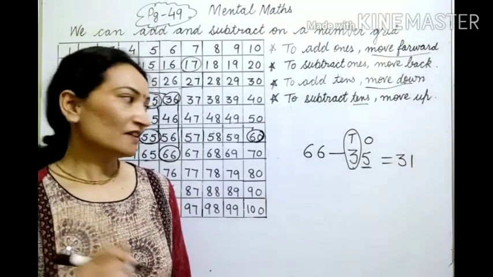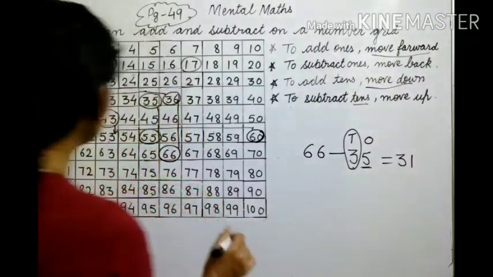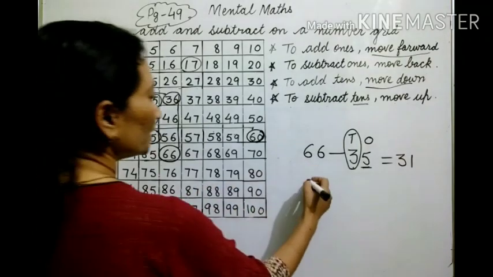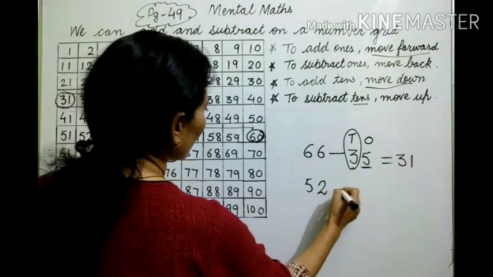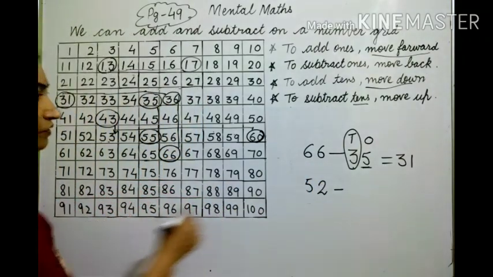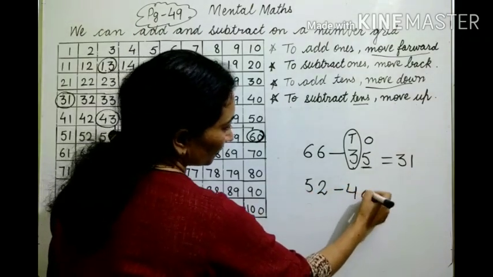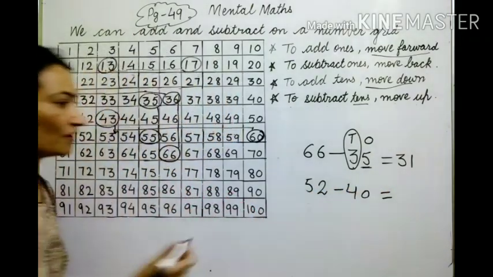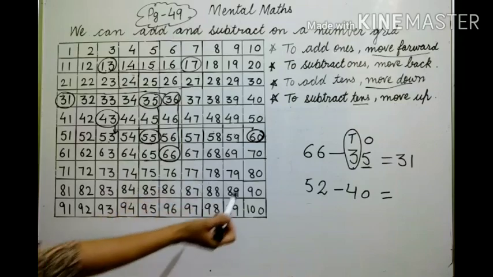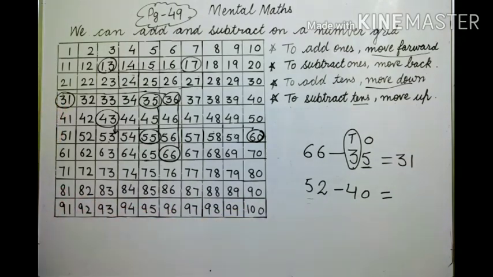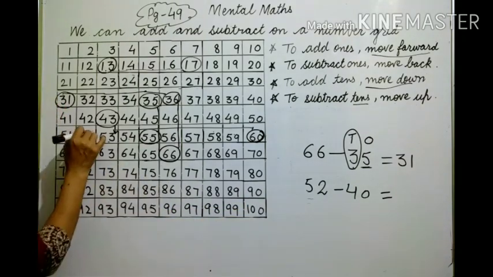Let's take another number. Suppose we have 52 and we want to subtract 40. Then how do we use the number grid to solve this question? First we see where is 52.